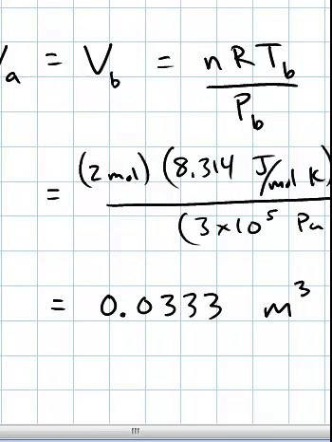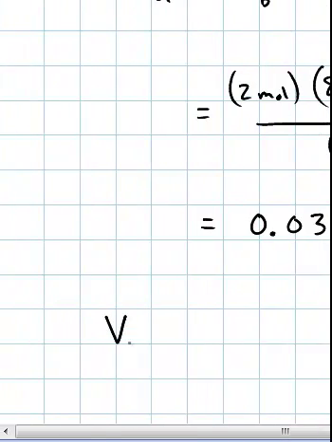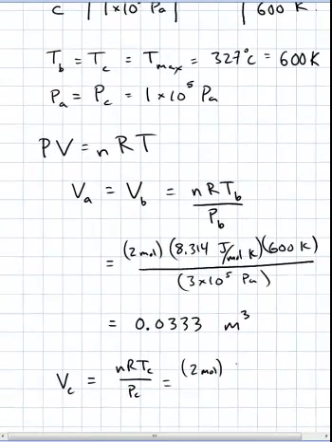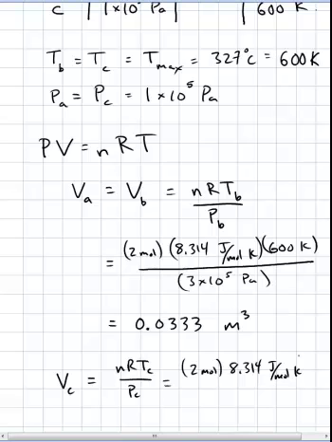And I can do the same thing for point C. And I've got 2 moles, 8.314 joules per mole degree Kelvin, 600 Kelvin, all over 1 times 10 to the 5th pascals.